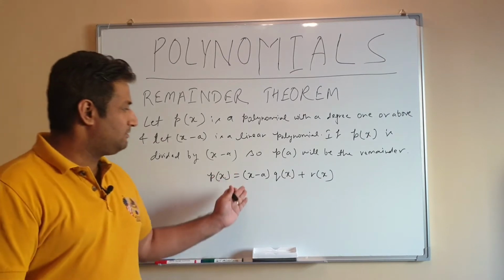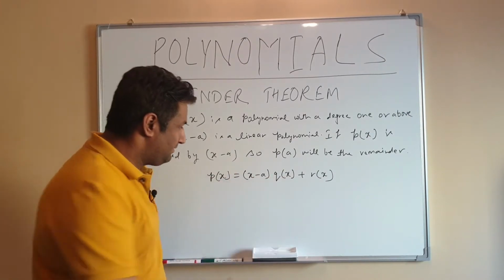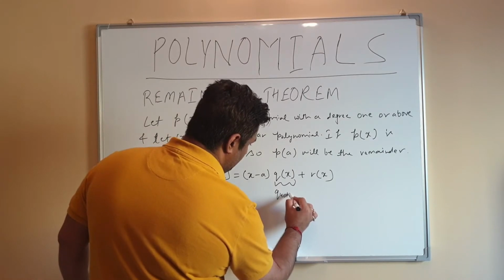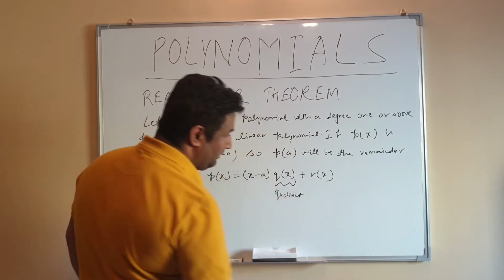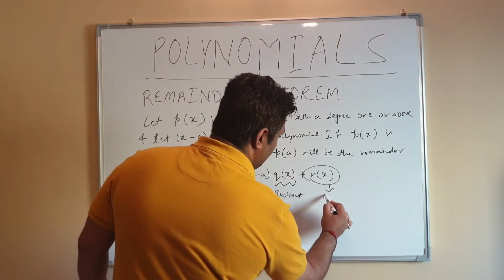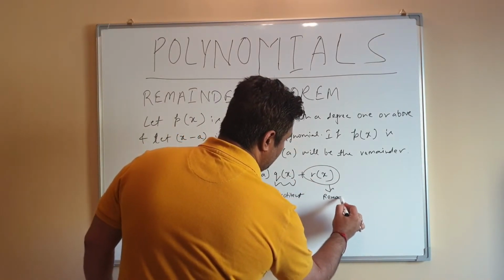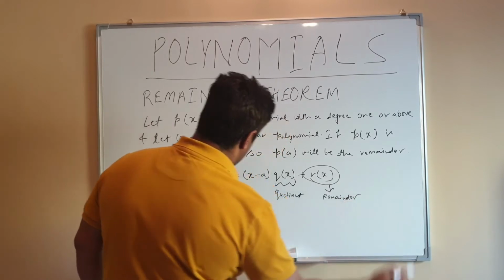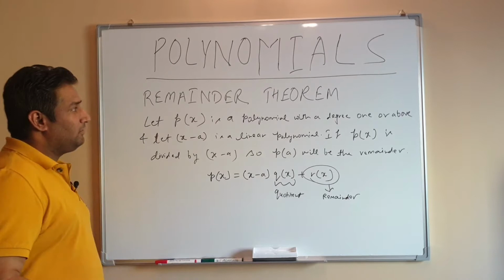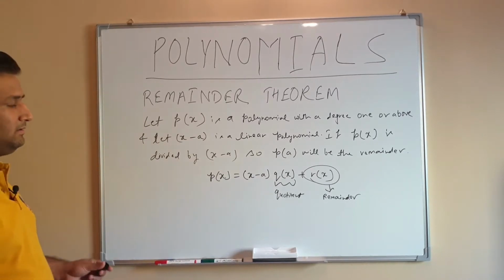So P(x) equals (x minus a) times q(x), which is nothing but your quotient, plus r(x), which is nothing but your remainder. So this is how you write the remainder theorem.